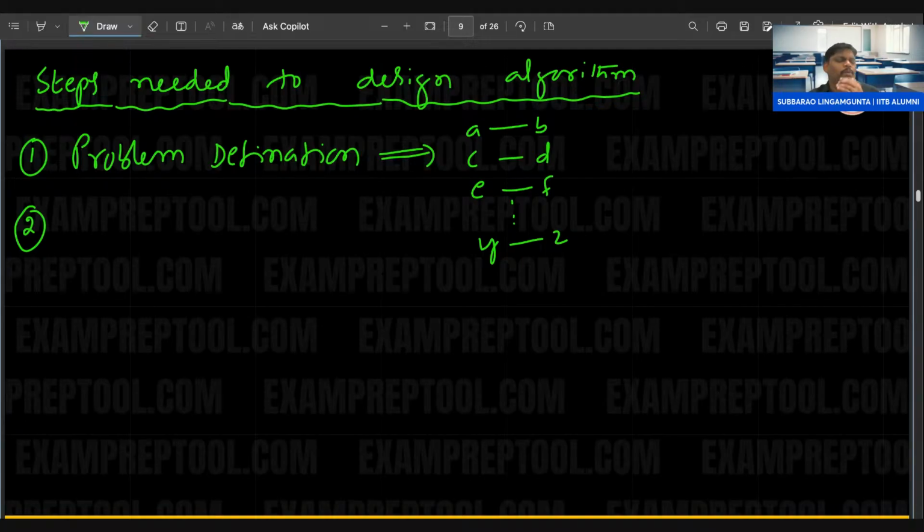A startup company may finish it within 50,000, but most things may not work. If you go to a little bigger company, they may take approximately 50 lakh, and maybe 50-50 it will work out.